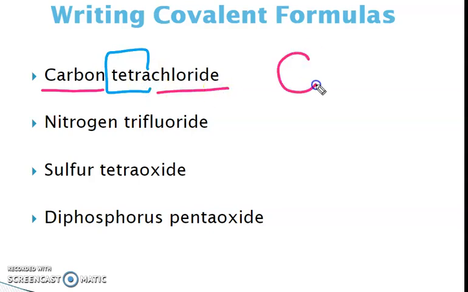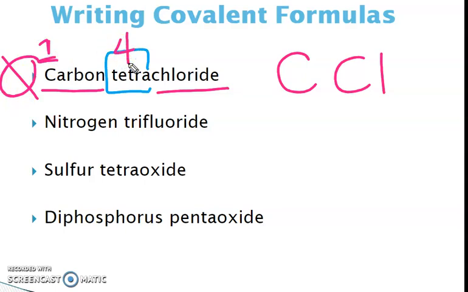So I'm going to have carbon and chlorine. Well, how many carbon do we have? There is no prefix, so that means there's 1. And tetra is the prefix for 4. Now, guys, I need you to make sure you realize it's tetrachloride. So the 4 is going to go with the chlorine, okay? I know it's before the word and it's going to go after the letters, but just think about what it's connected to.